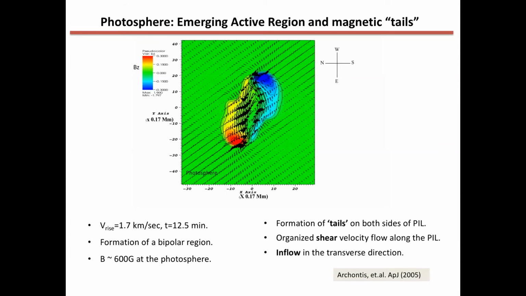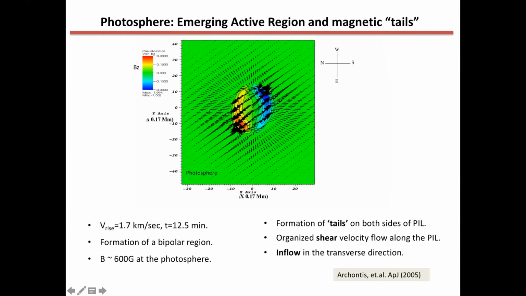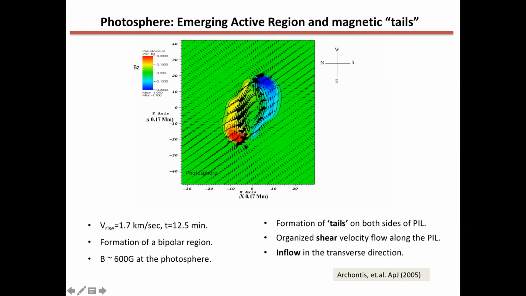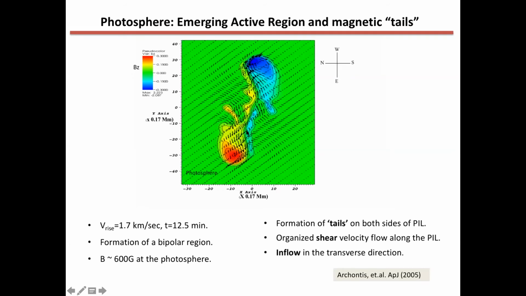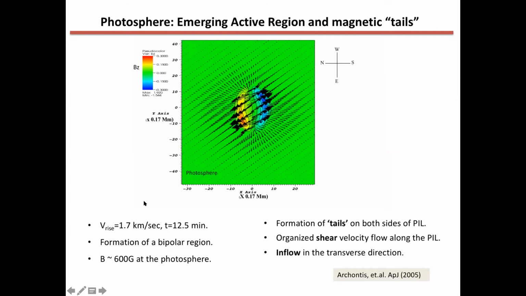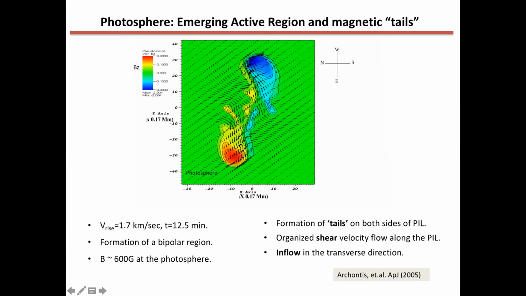I don't want to go into details here, but the shearing happens on the 2 sides of the polarity inversion line. And because of this shearing, the field lines come closer together and they form new structures, okay? This is something also that you see in the observations, right? The shearing and the strong polarity inversion lines. We'll come back to that because it's a major factor for understanding the eruptions.